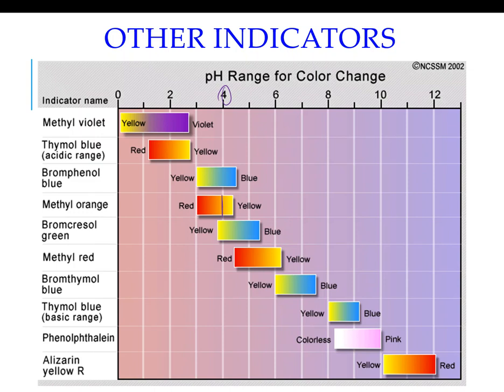There are way more than just these ones on this chart. You can find a lot of others that different labs would use as different ways of telling the pH of certain solutions. So this is just a sample. There are plenty more types of indicators out there.